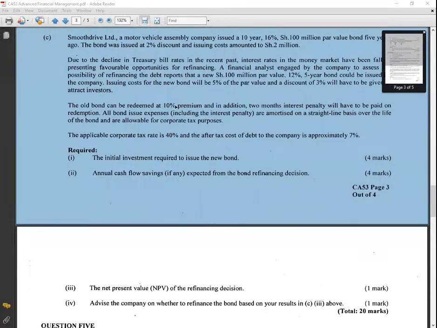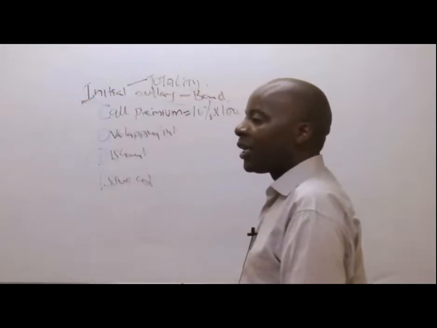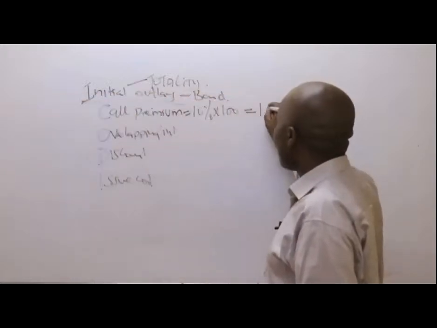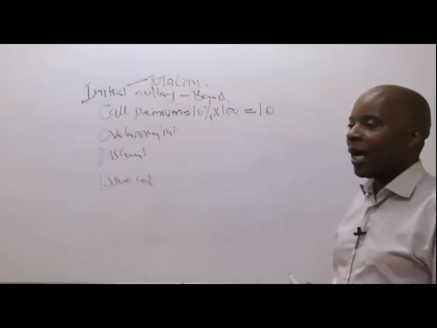And this something is 10%. Therefore, the call premium will be 10% of the par value, which is 100 million. So 10% of 100 million gives us what figure? Somebody here gives us 10. 10% of 100 million gives us 10.